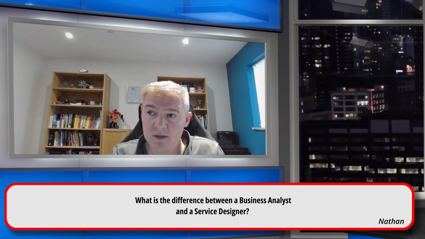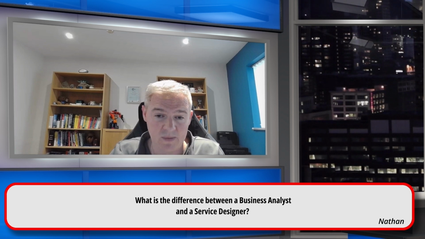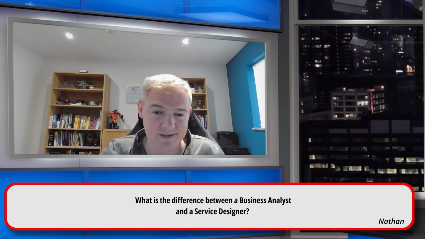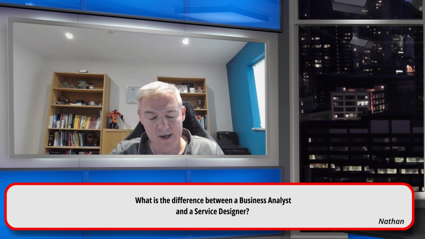In some organizations, the person performing those roles might be the chief executive. So they're overall in charge of the organization, and they don't have specialist BAs and business architects and service designers, but they're essentially designing their business relative to the context that they're in.